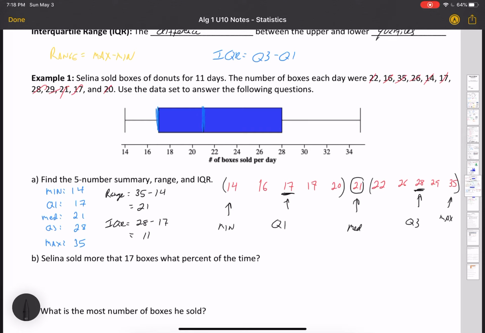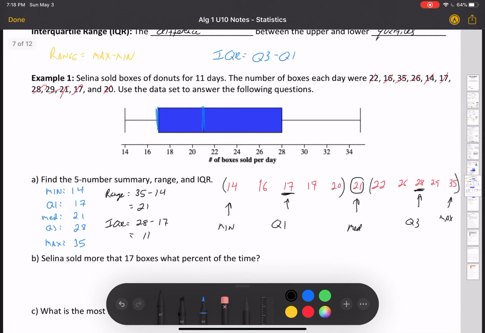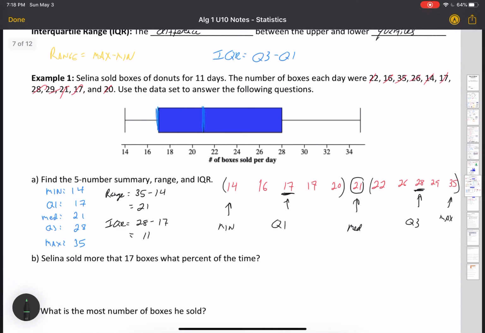Now we need to interpret the graph using the 5-number summary. Selena sold more than 17 boxes, what percent of the time? So more than 17 boxes is talking about this part of the box plot. Remember that in between each number on the 5-number summary, that represents 25% of the data.